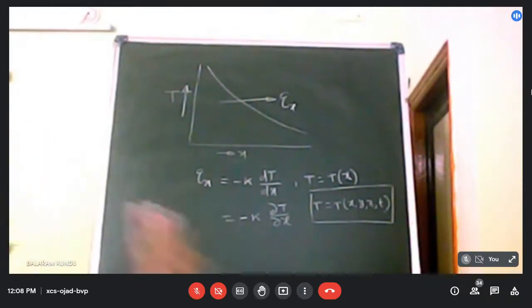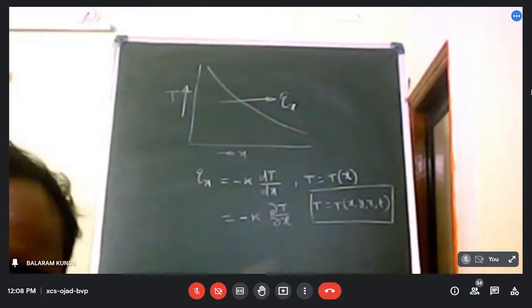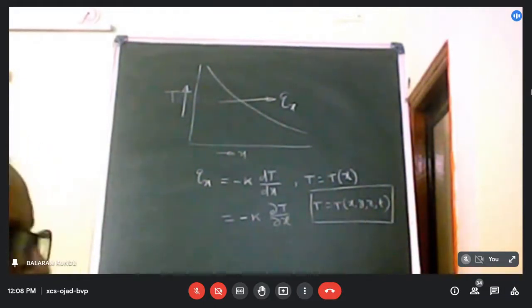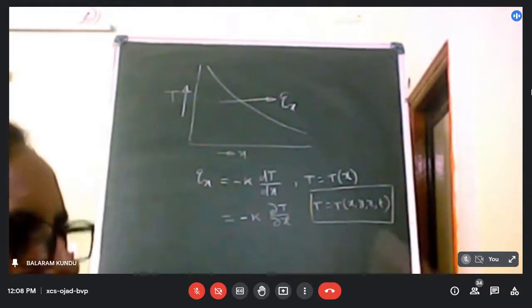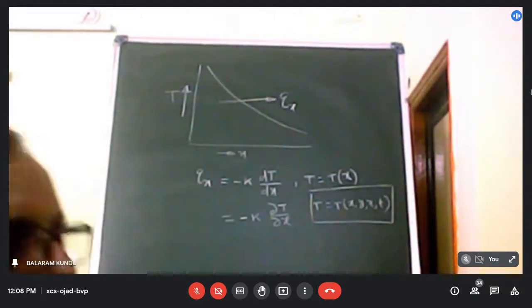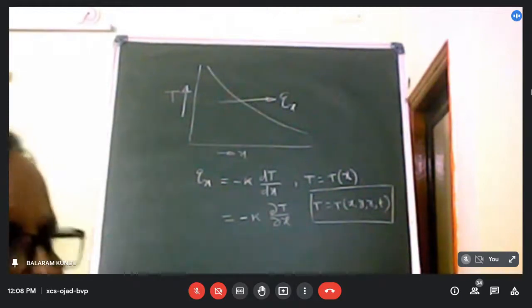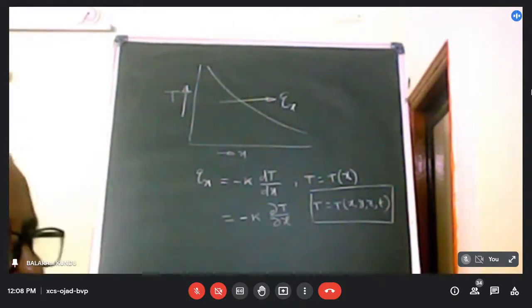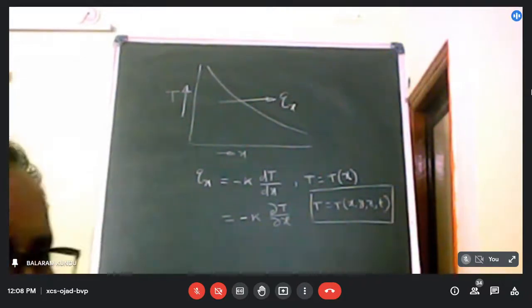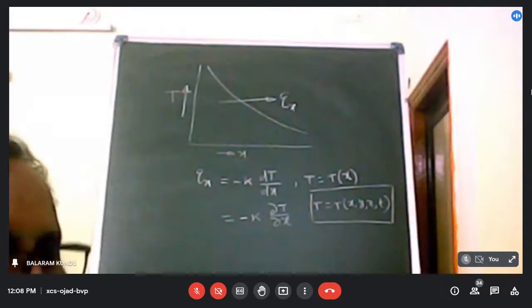So in total, three assumptions have been considered to write this mathematical expression. The first, the solid is isotropic. Second, the solid is stationary. Third, the speed of propagation of heat in the solid is very high or goes to infinity.